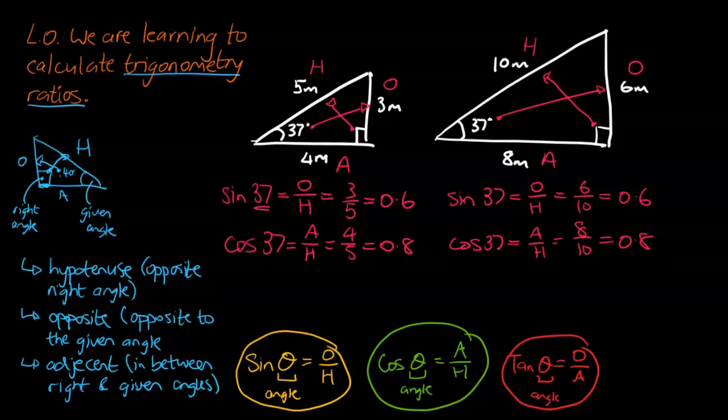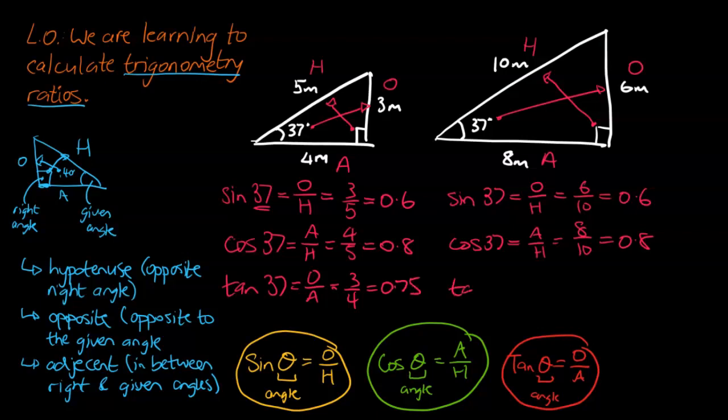And the final one we're going to look at is the tan ratio. So tan 37, that's asking you about the 37-degree angle, and it's asking you to compare the opposite and the adjacent this time. So tan 37 is equal to O over A, which is going to be equal to 3 divided by 4. So let's put that in. So what is 3 divided by 4? Put it into your calculator, you're going to get 0.75.